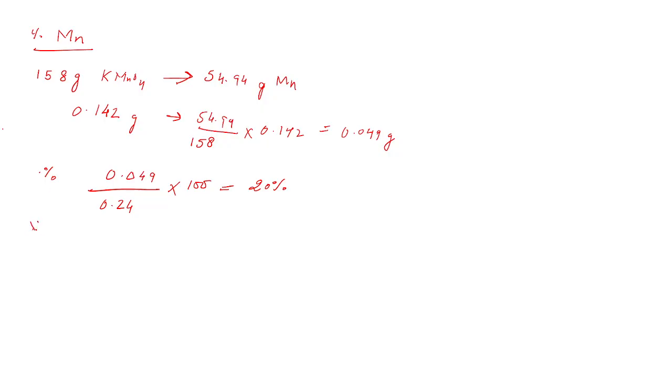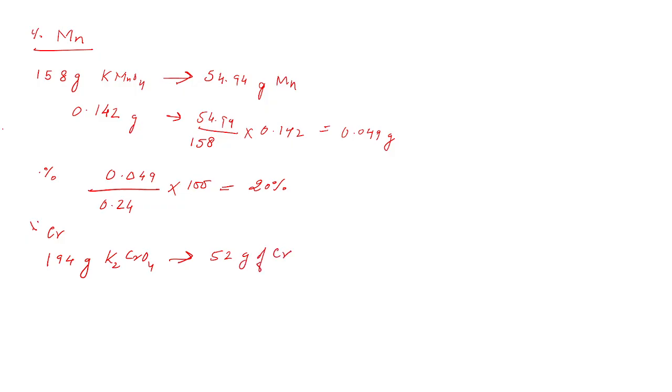Similarly, we can calculate the percentage of chromium. So 194 gram of K2CrO4 will have 52 gram of chromium.